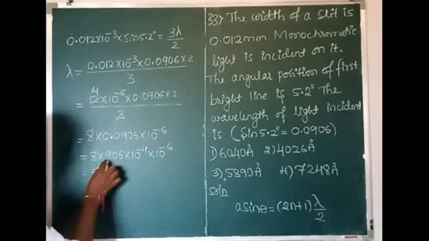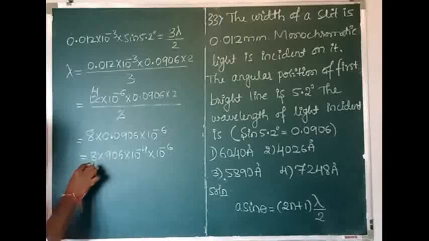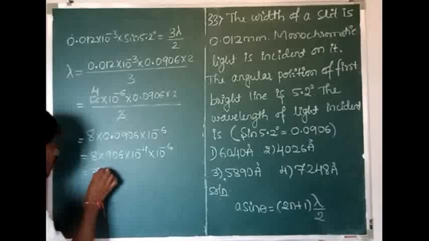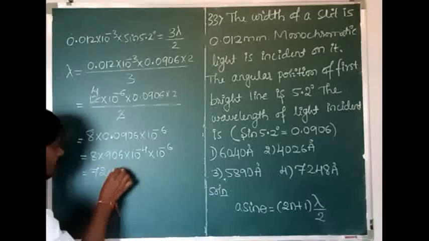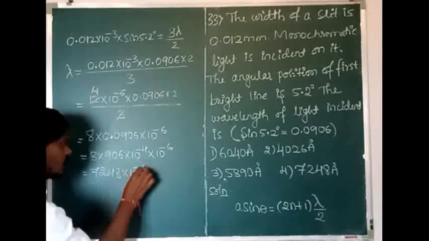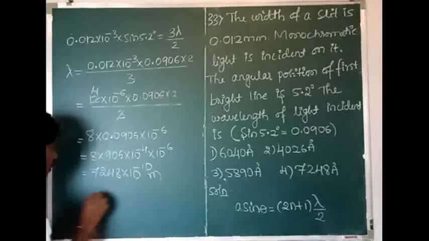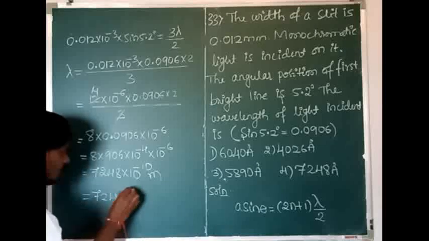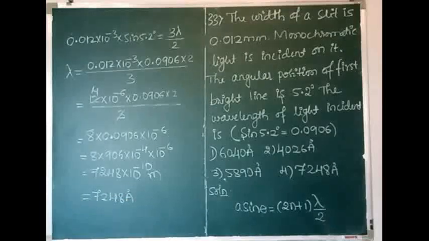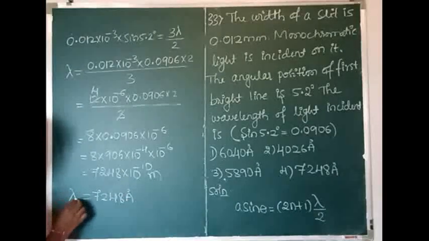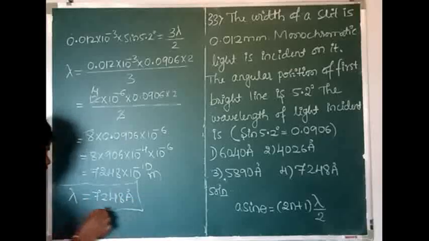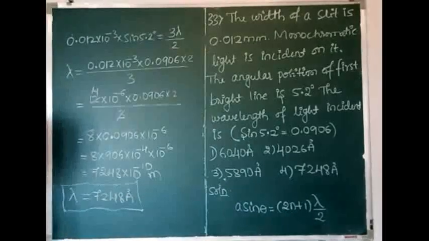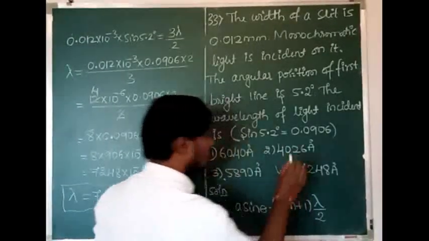Then we will get 7248 into 10 to the power of minus 10 meter, that is 7248 angstrom, because 10 to the power of minus 10 meter is nothing but angstrom. This is the wavelength of the light used. Then which is the right option here? Fourth one is the right option.